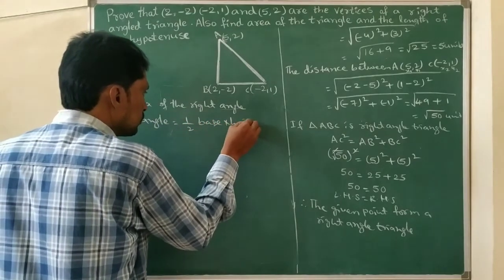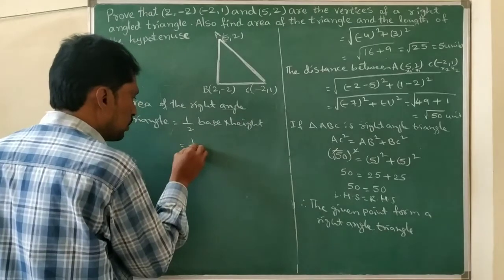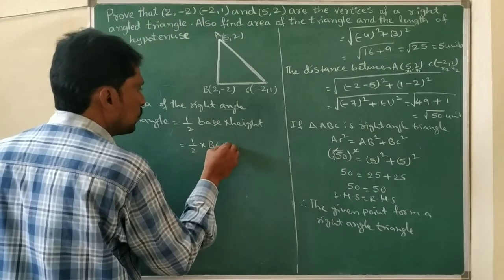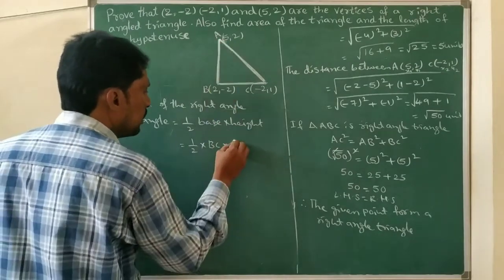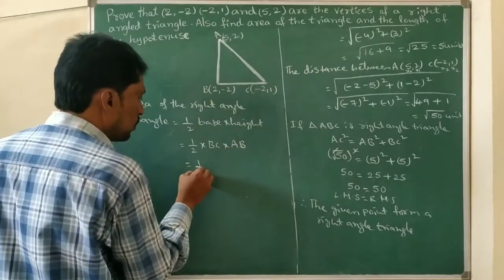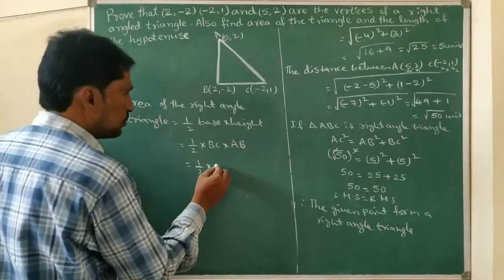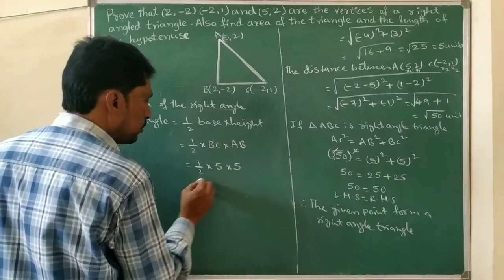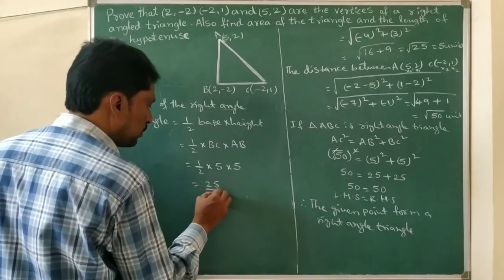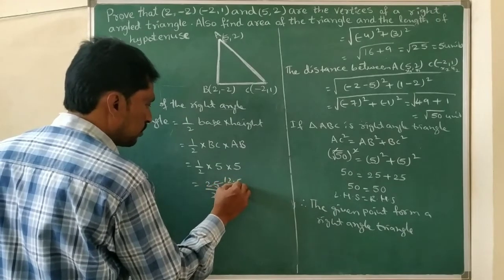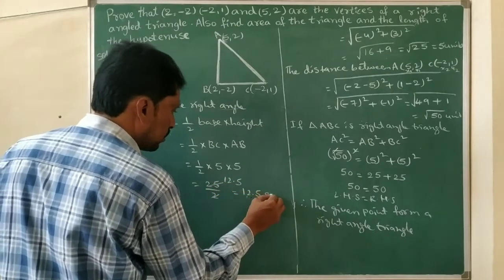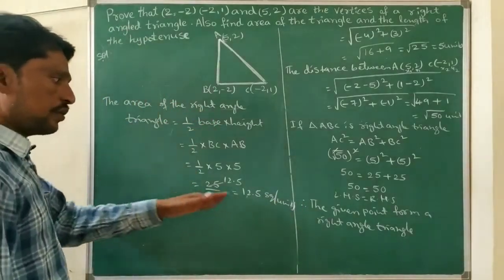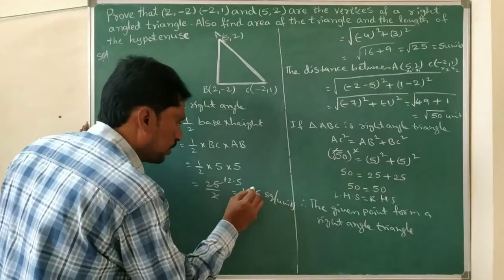So that equals 1/2 × base, here BC, × height, which is AB. Base BC is 5 units and AB is 5 units. 5 fives are 25, divided by 2 is 12.5. That equals 12.5 square units. So the area of the triangle is 12.5 square units.